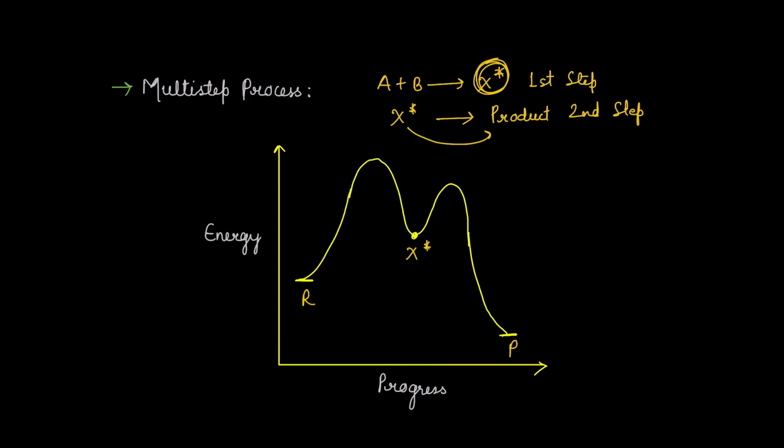Here we have two transition states, TS1 and TS2. One is from the first step, TS1, and then TS2. Usually, the step in which the intermediate is formed, that is the first step in this case, is the rate determining step or the slowest step.